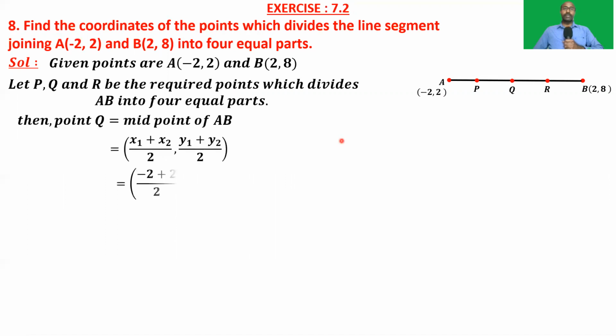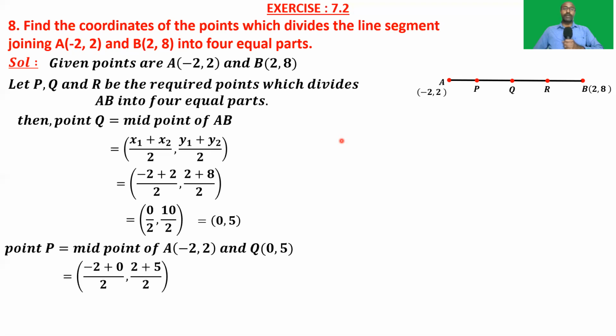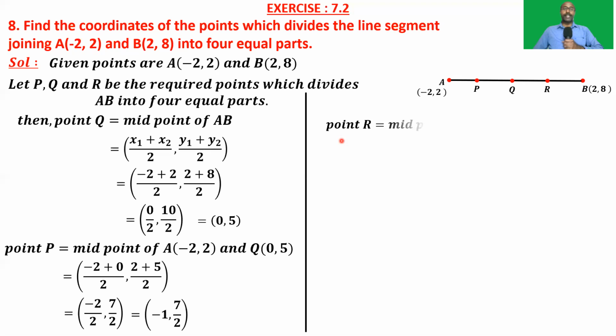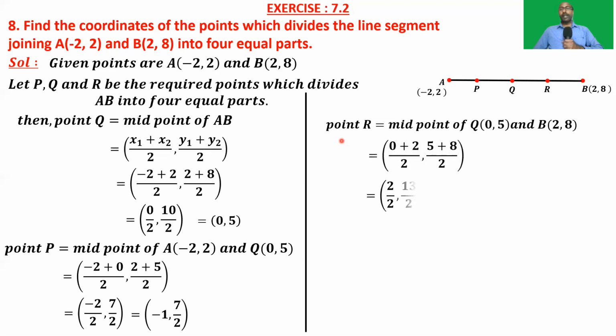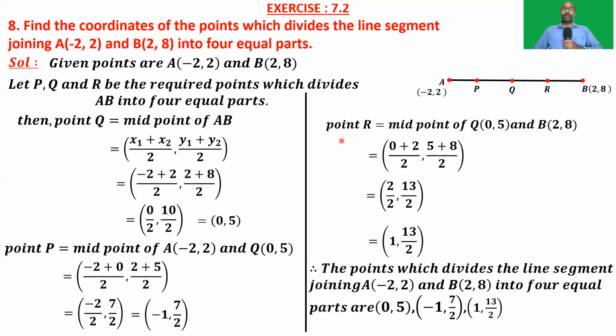So it is the same as the previous problem. So the first point is (0, 5), the second point is (-1, 7/2), and the third point is (1, 13/2). Okay.